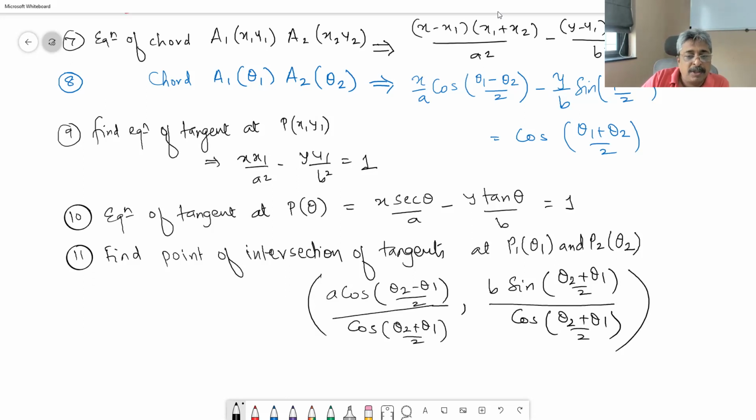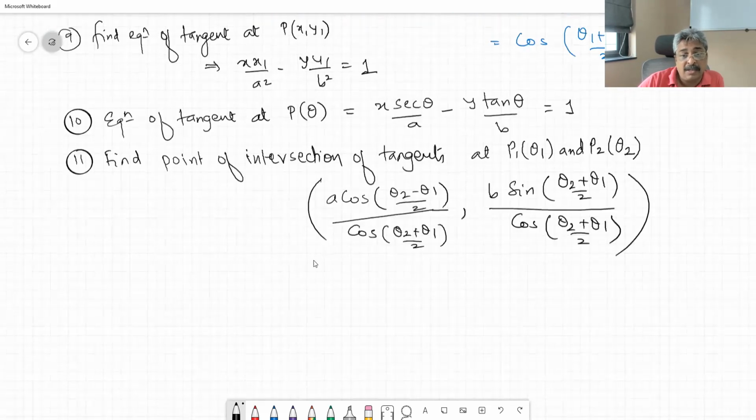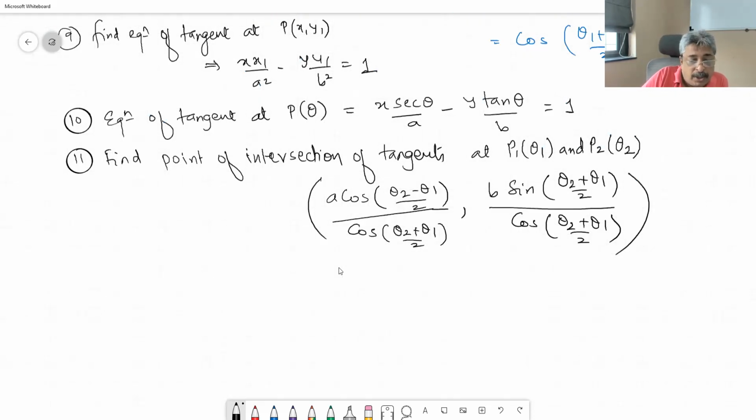This is your point of intersection. I am not deriving them because I think we have done that work in ellipse, exactly similar.